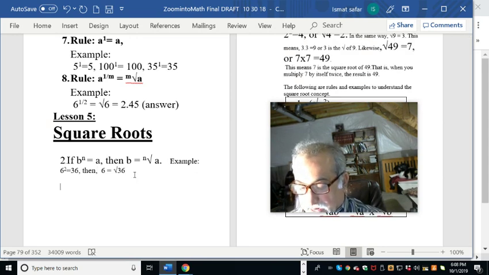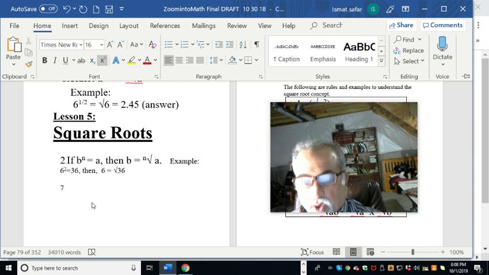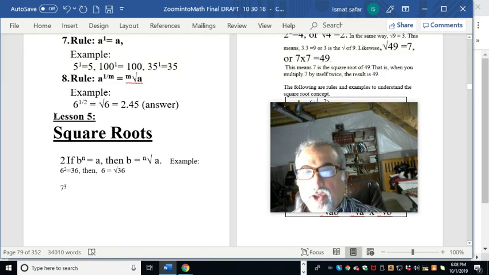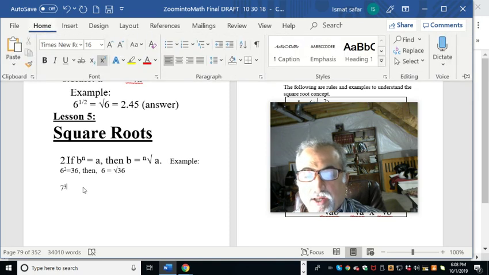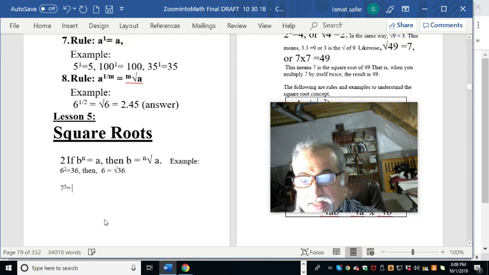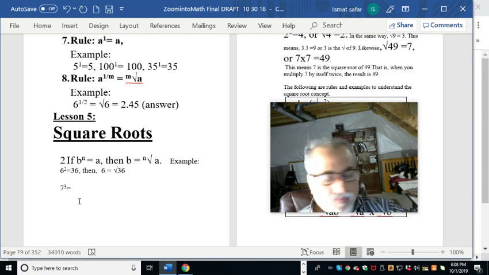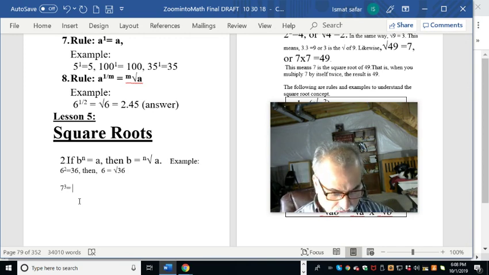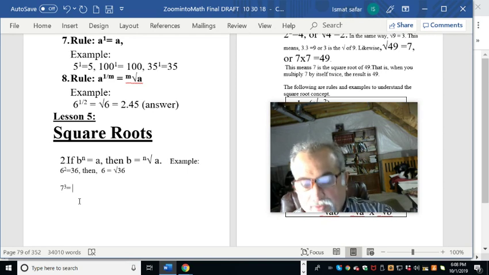If we have 7 to the exponent of 3, then this equals 7 times 7 times 7, which is 343.